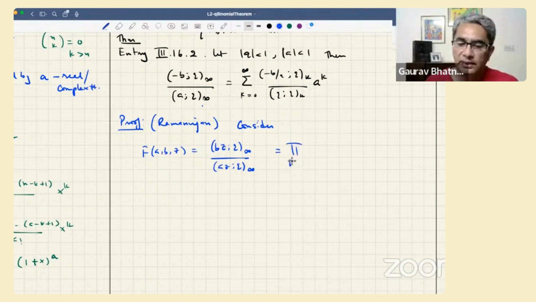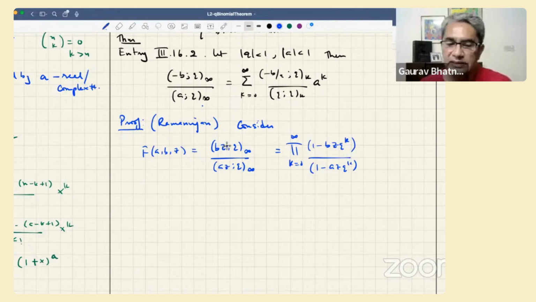So this is the product for k going from 0 to infinity, 1 minus bz q to the k over 1 minus azq to the k. So we had seen such products come up in the Rogers-Ramanujan identities, so it's quite natural to consider some kind of thing like this, and we expand it as a power series.